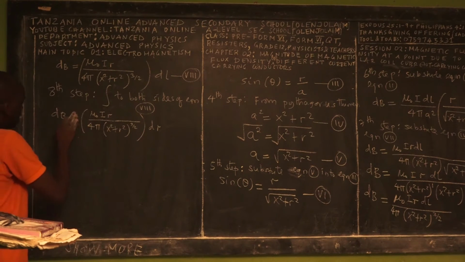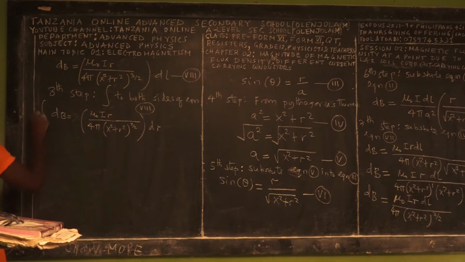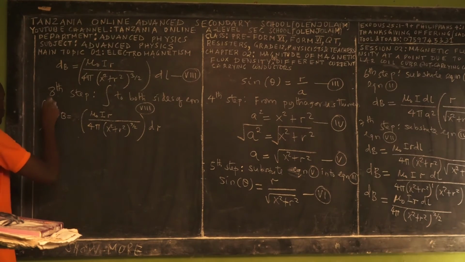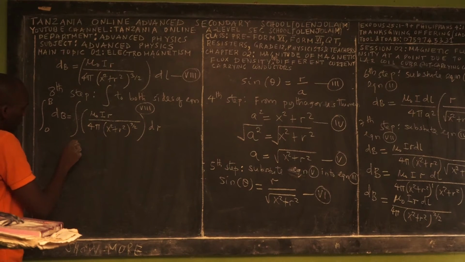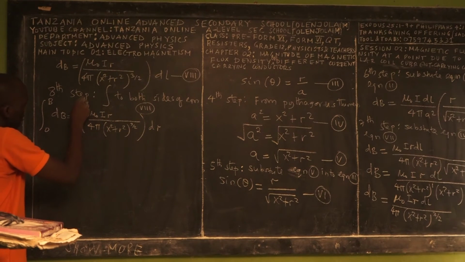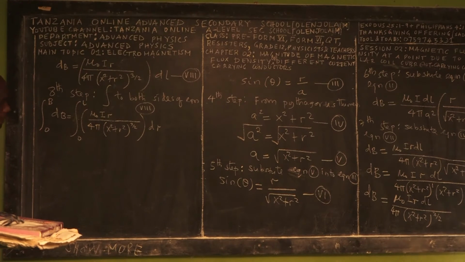So we have to integrate both sides, from 0 to magnetic flux density, then here we have to integrate from 0 to length.